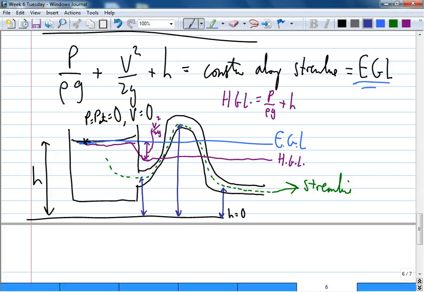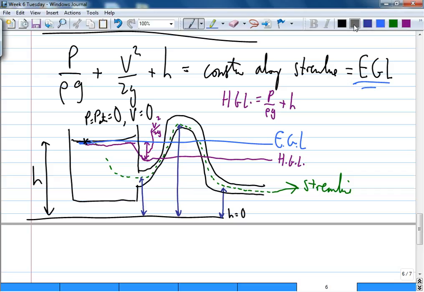The HGL should be at the level of the pipe. But I'll show that soon. Okay? Alright, don't panic. So far, the blue one is the elevation. Alright? So you're okay with the blue one being the elevation? Alright?